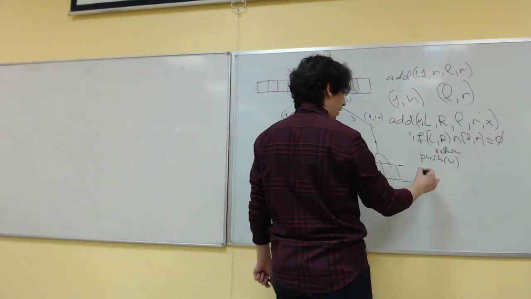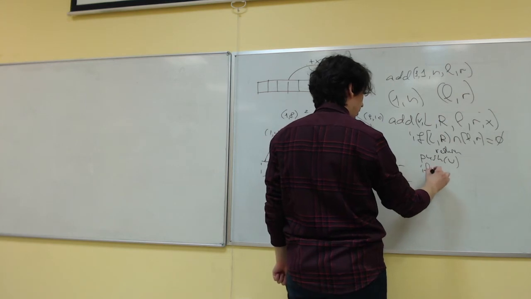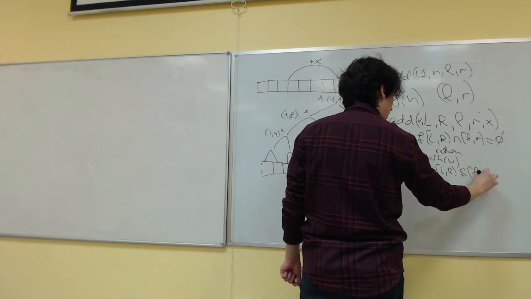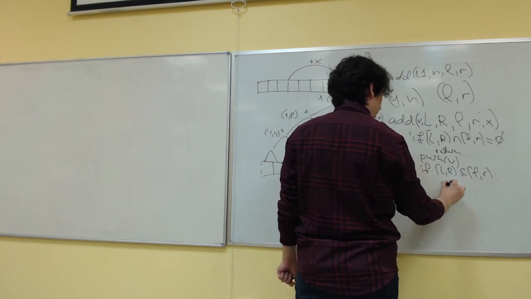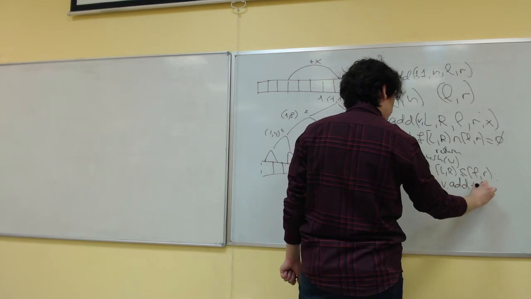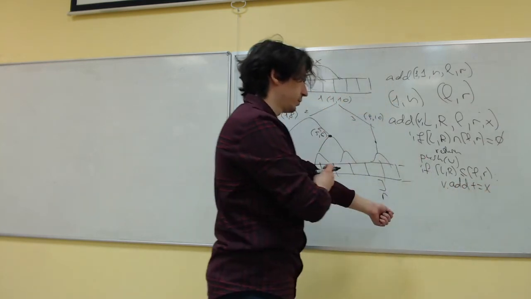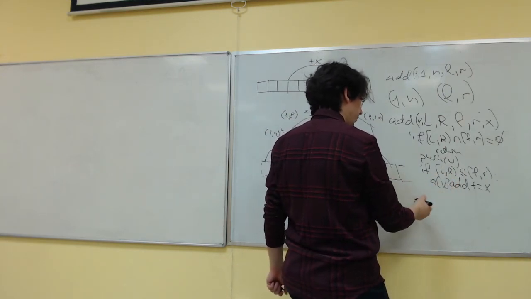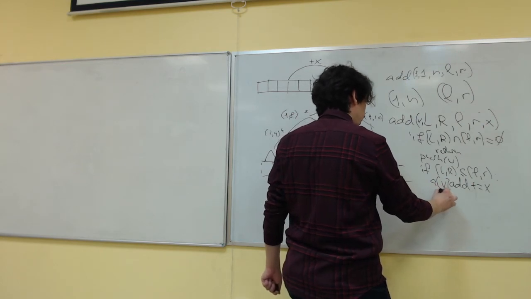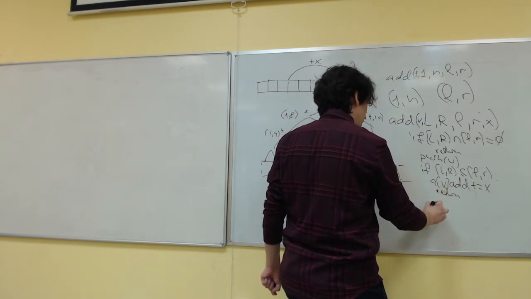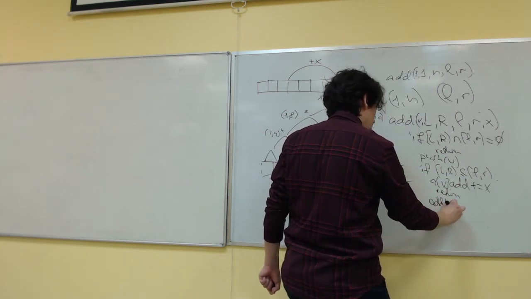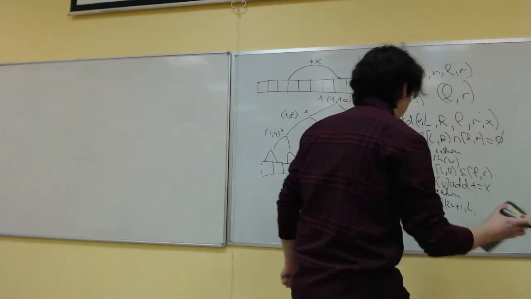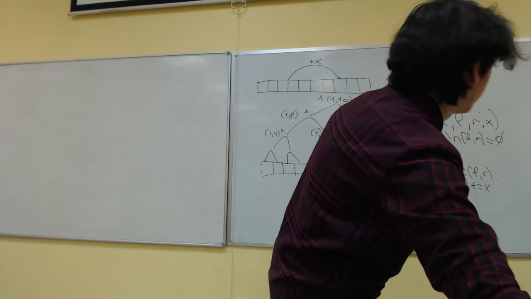So you push v, then you say if the current segment is inside LR, then we say a[v] plus equal x, because we're in an array, and return. Otherwise, we will call add recursively.